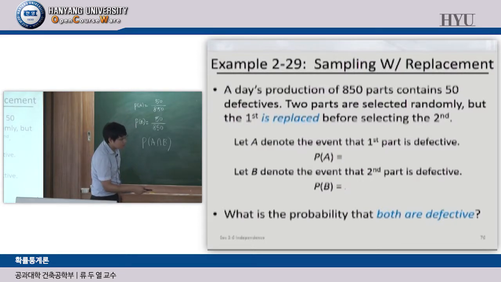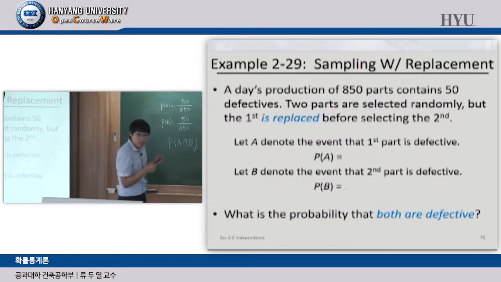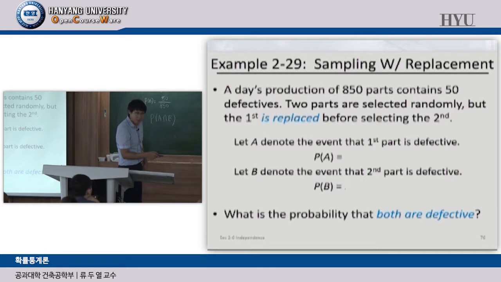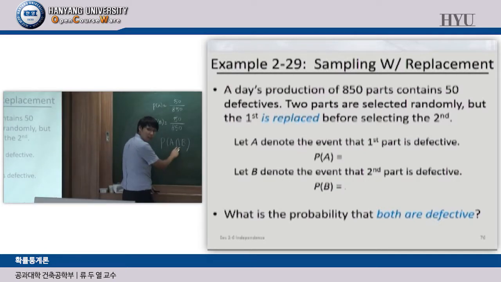Because the first and second part are connected as an AND condition. The first part should be defective and the second part should be defective. In this case, we can say that both are defective. So the AND condition can be expressed as intersection, right?